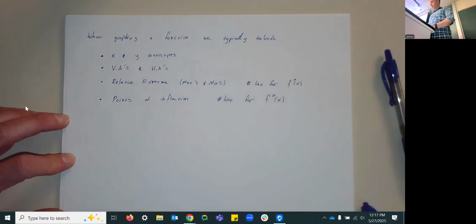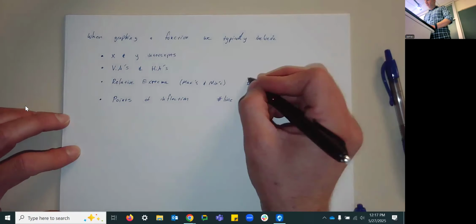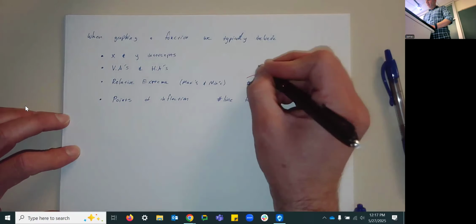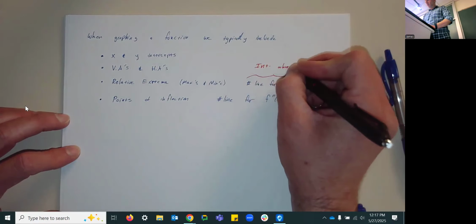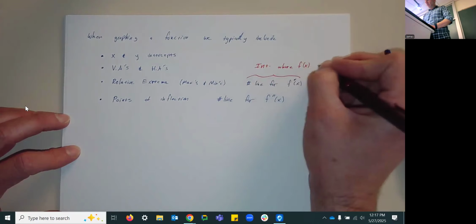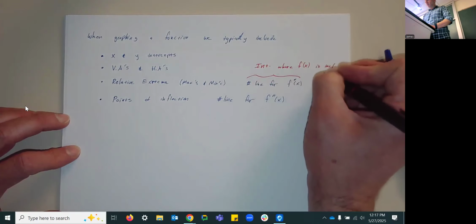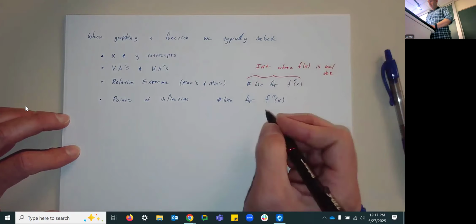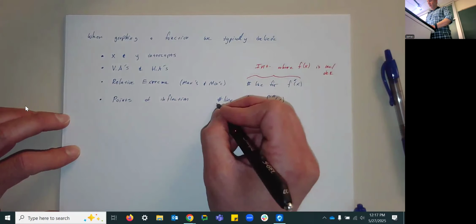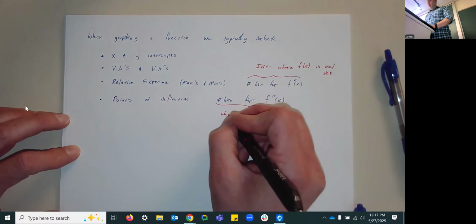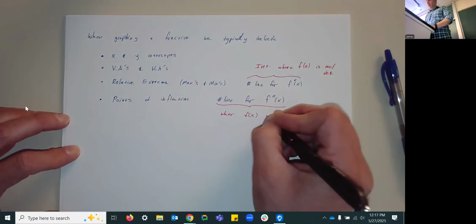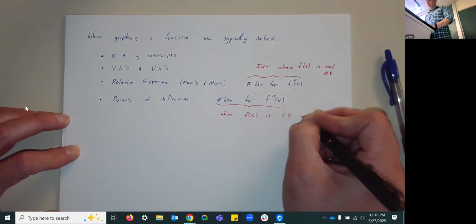Additionally, the number line for the first derivative tells us the intervals where the function is increasing or decreasing. Similarly, the number line for the second derivative tells us where the function is concave up or concave down.